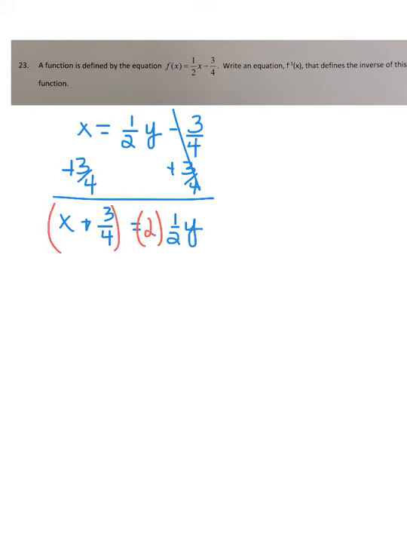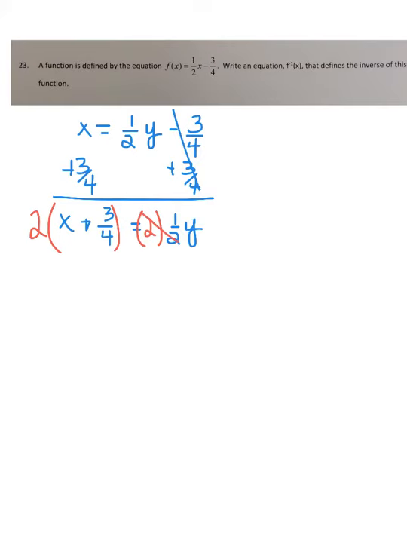But please notice I put the parentheses around both the x and the plus 3/4. So the 2 that I'm multiplying over here will come over here, but in front here we have to multiply it by everything. Okay, so that would be 2, and that's going to cancel out the 1/2 on the right-hand side.